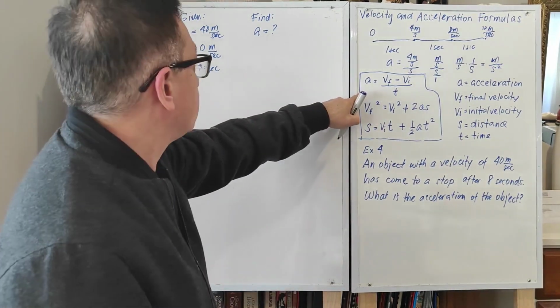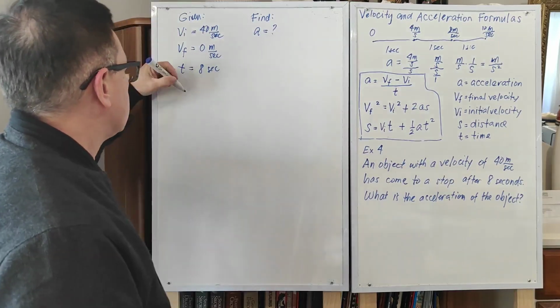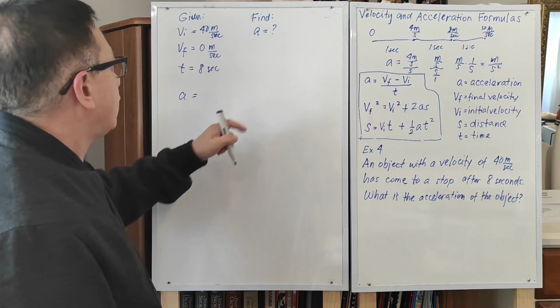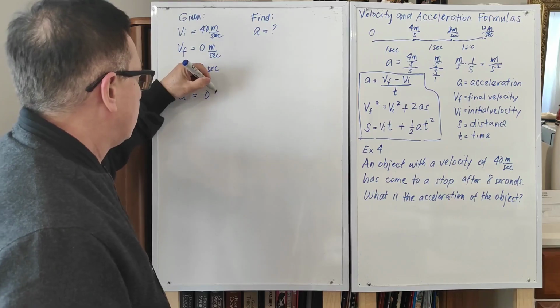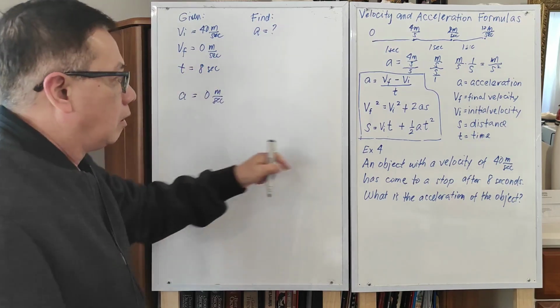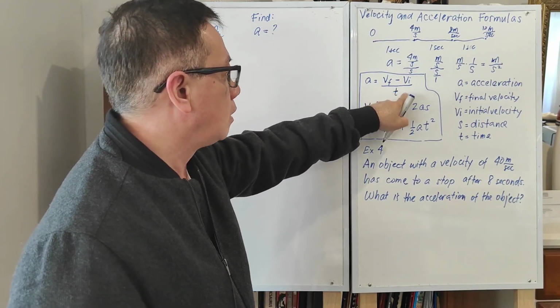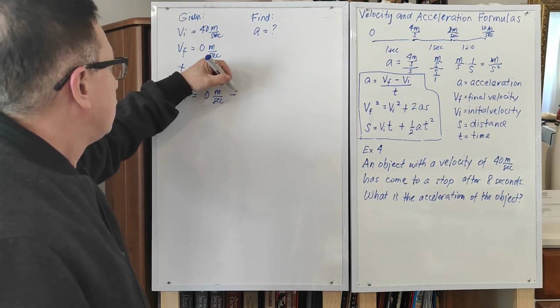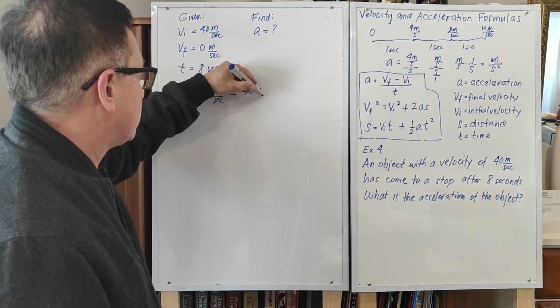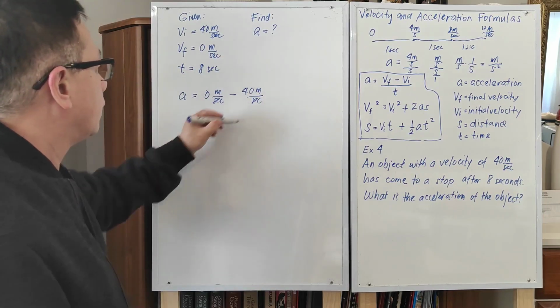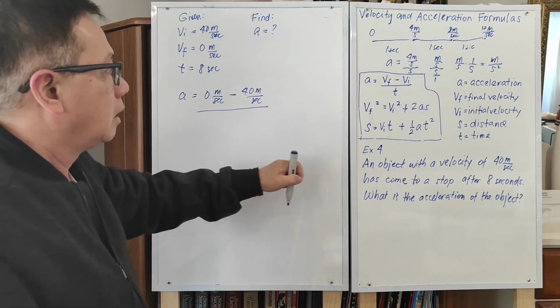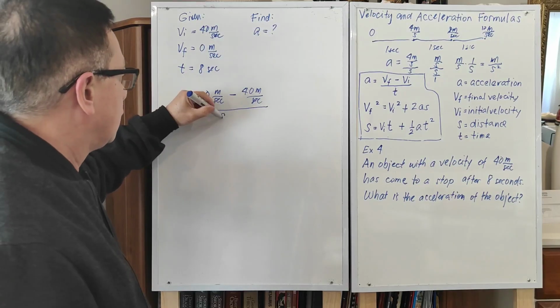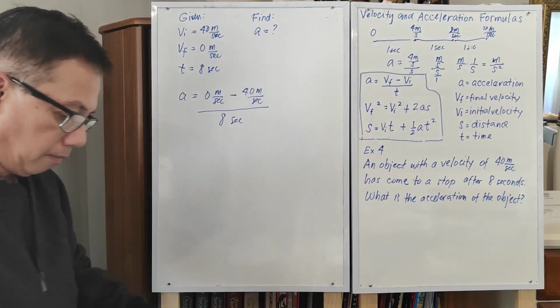So your acceleration is unknown. So a, your final velocity is 0 minus initial velocity. Initial velocity is 40 meters per second divided by time. Time is 8 seconds.